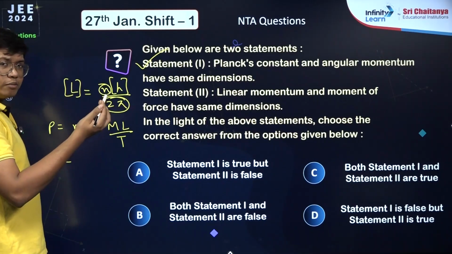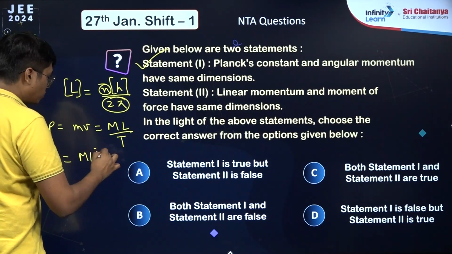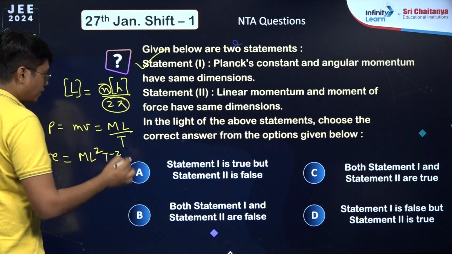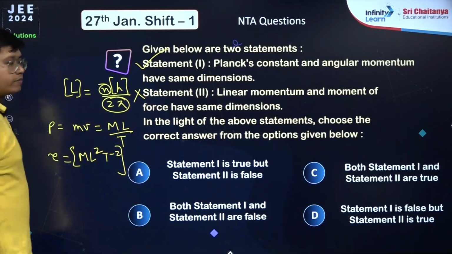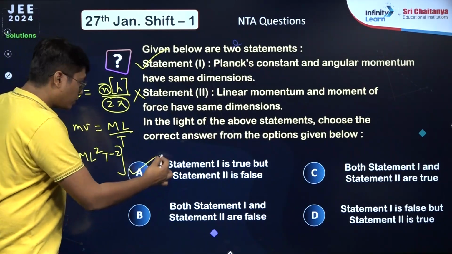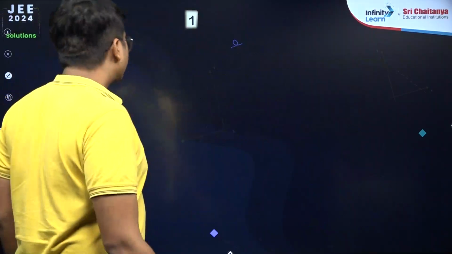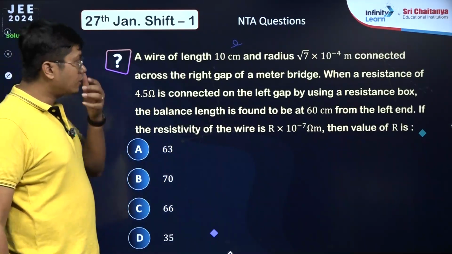In terms of Newton meter, that would be ML2T minus 2. That is the dimensions of torque. So they are not equal. They don't have the same dimensions. So statement 1 is true, but statement 2 is false. It is option A.